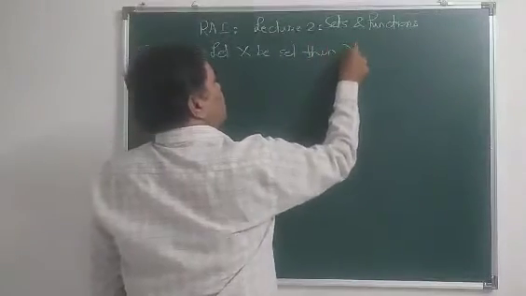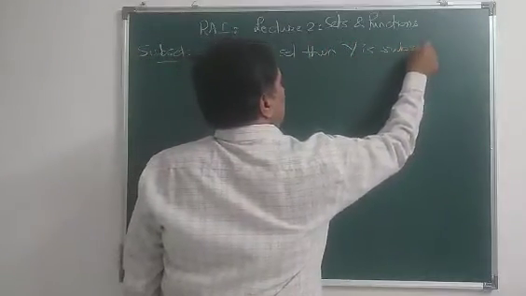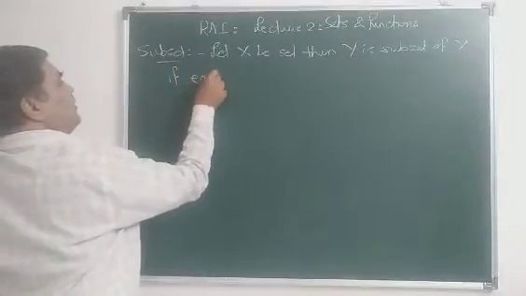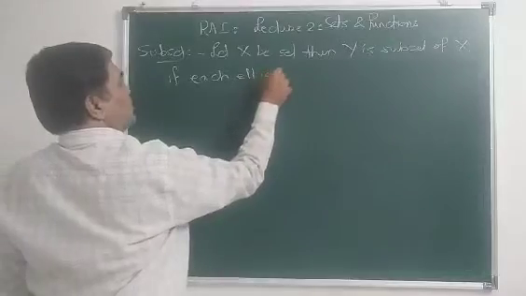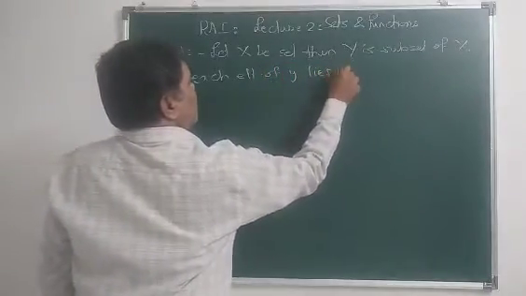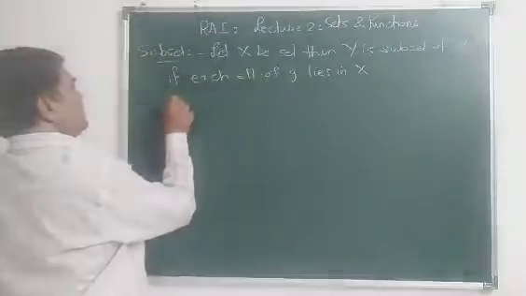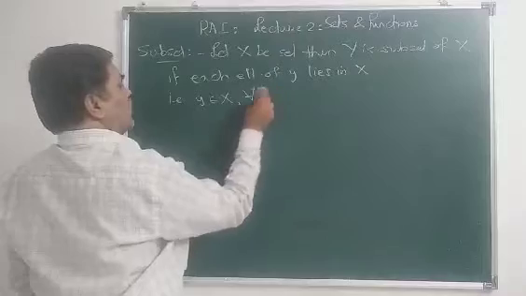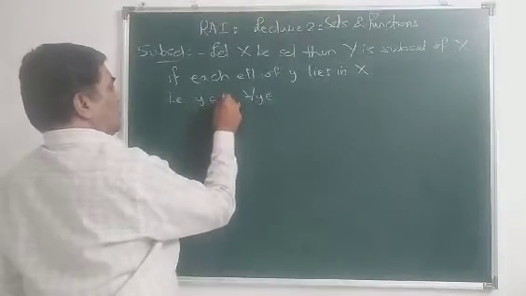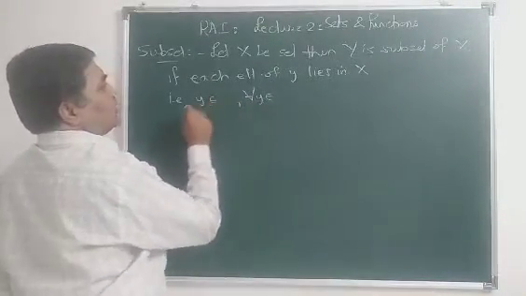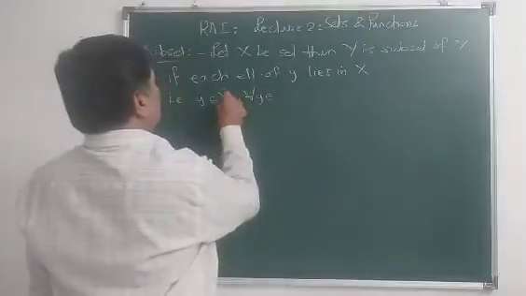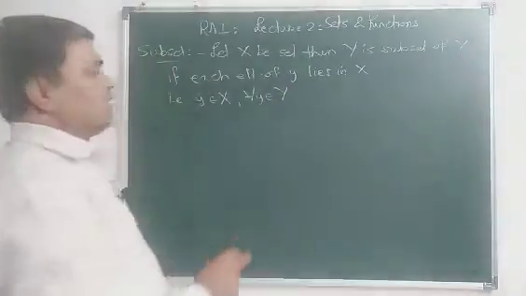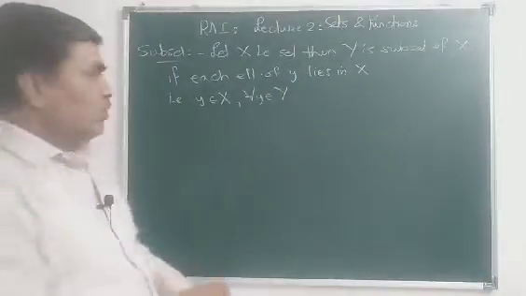Then Y is a subset of X if each element of Y lies in X. That is, y belongs to X for every y belonging to Y. Then we say that Y is a subset of X.